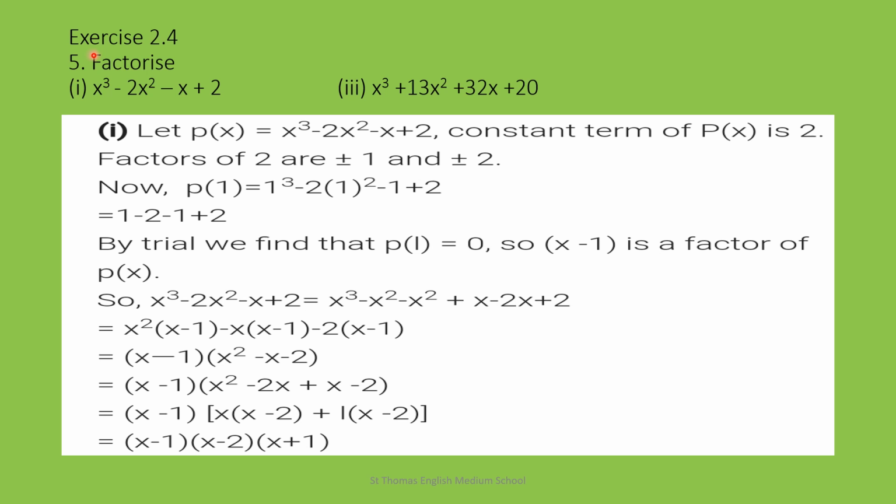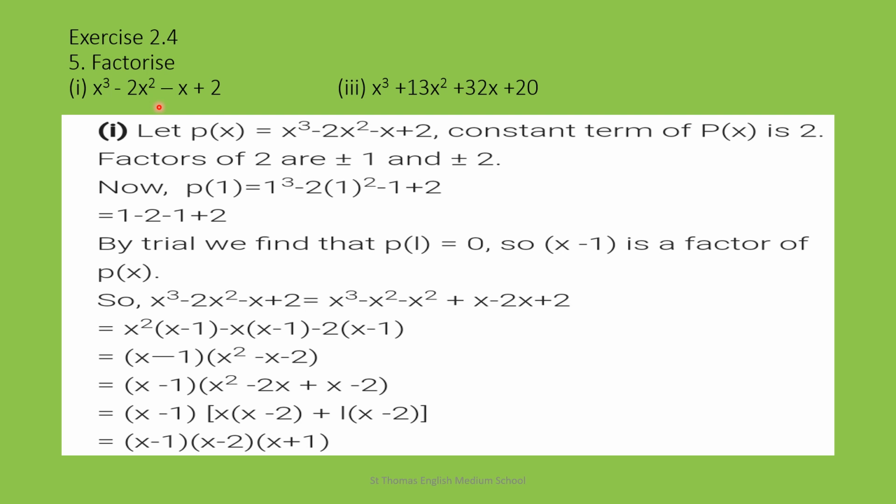In exercise 2.4, question number 5, factorize x cube minus 2x square minus x plus 2. The polynomial has the variable x and the highest power 3, therefore it is a cubic polynomial. In cubic polynomials, to find the factors, splitting the middle term is not possible.